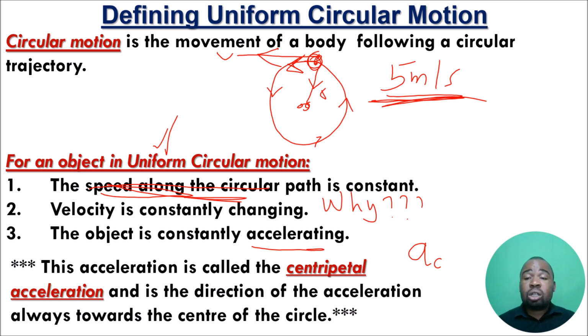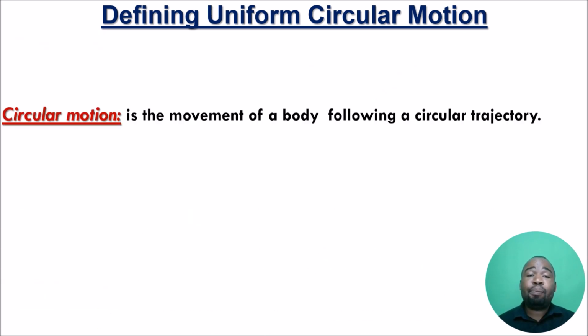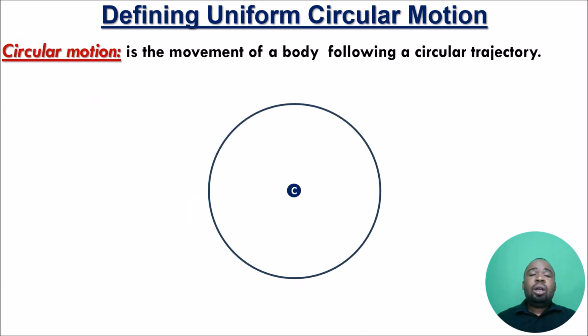Now, let's take a close look at an object that is revolving around a circular path. We have a circular path with center C, and we have an object at point A separated from the center by its radius R. This object is moving in the clockwise direction around the circle.